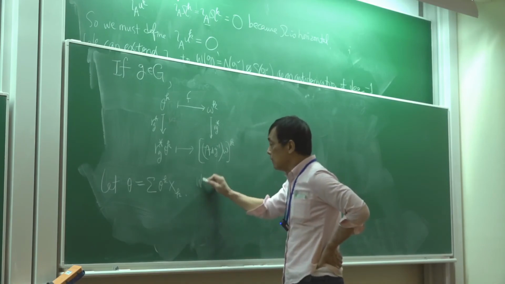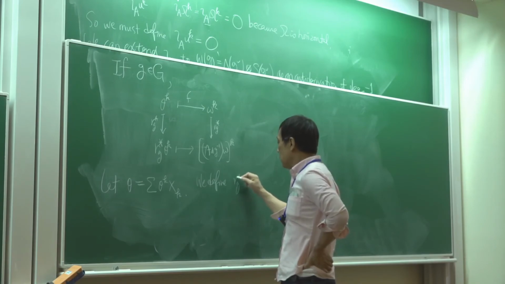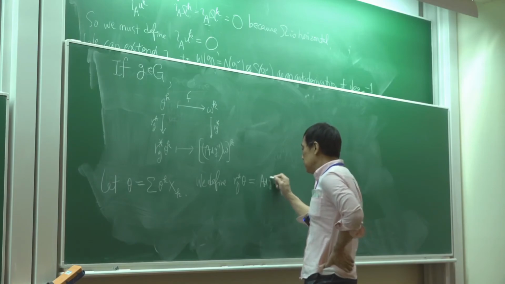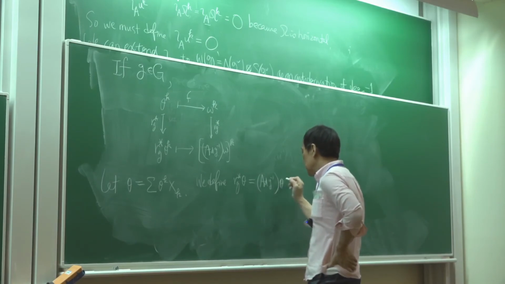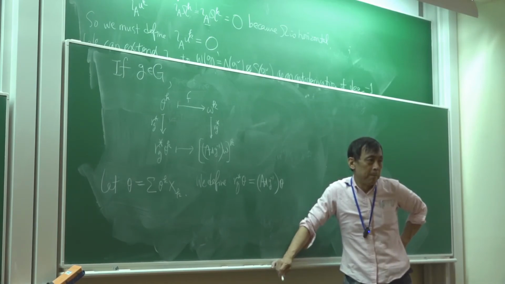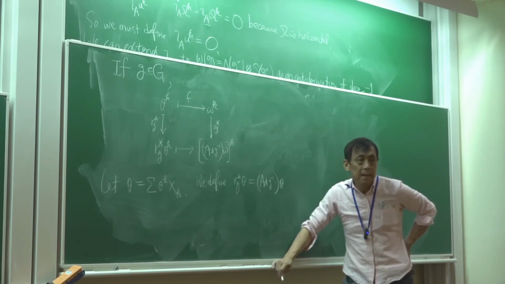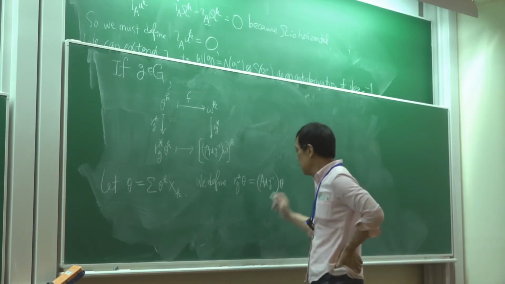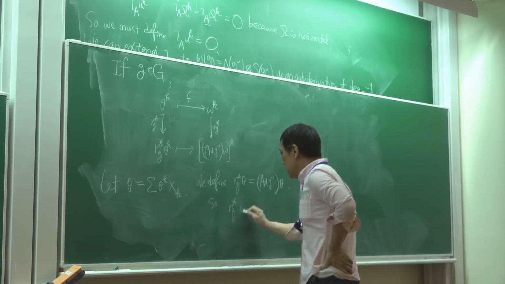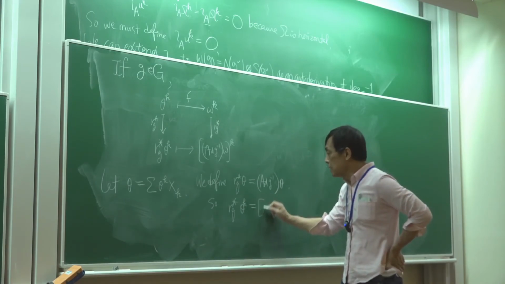Okay, and then we define RG star of theta to be Ad g inverse times theta. Okay. And so RG star of theta k will just be the kth component.